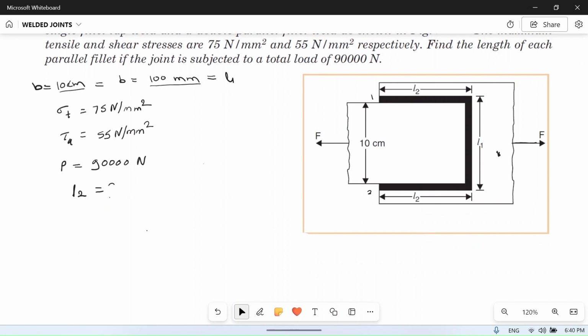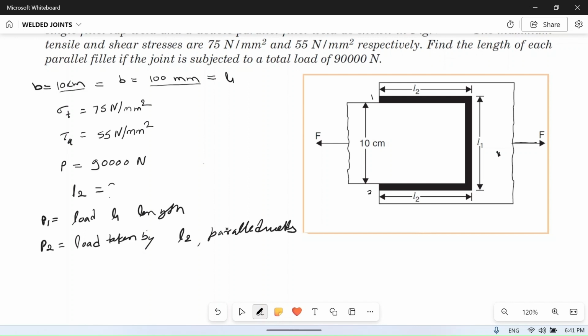So suppose P1 is the load taken by this L1 length weld, and P2 is the load taken by the L2 parallel welds. So the total load P, equal to 90,000 Newton, will be equal to P1 plus P2.